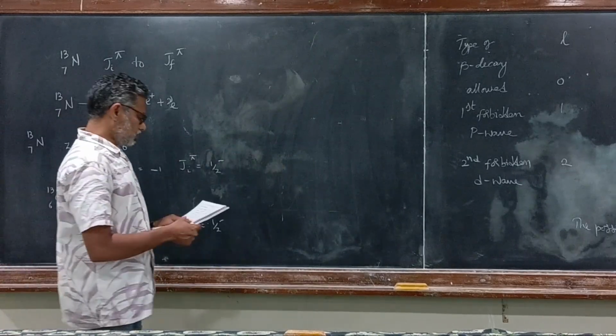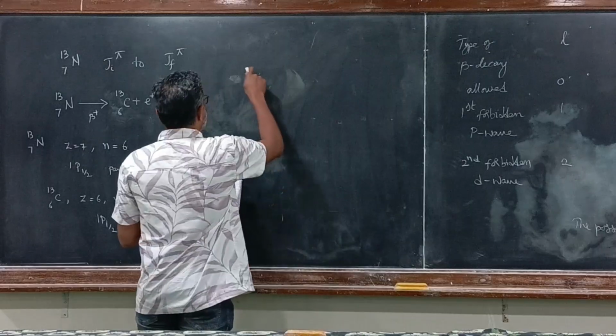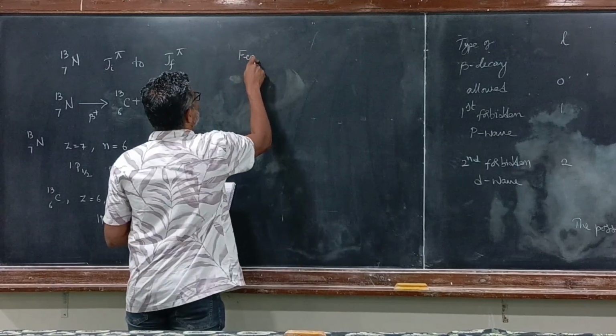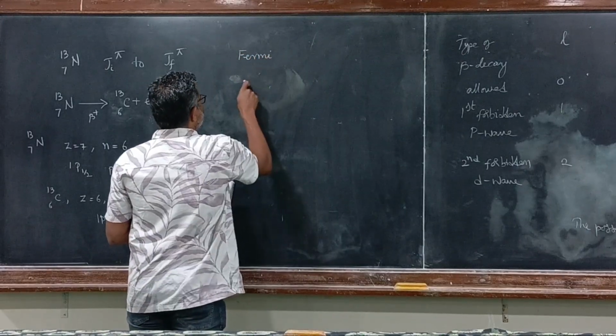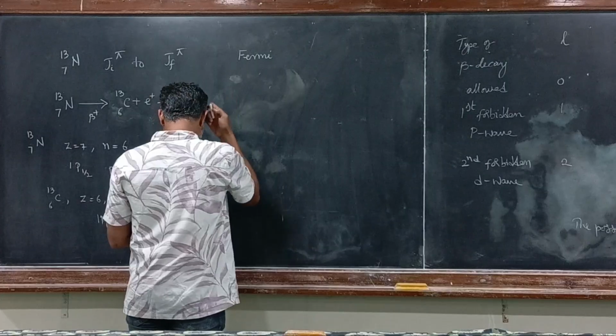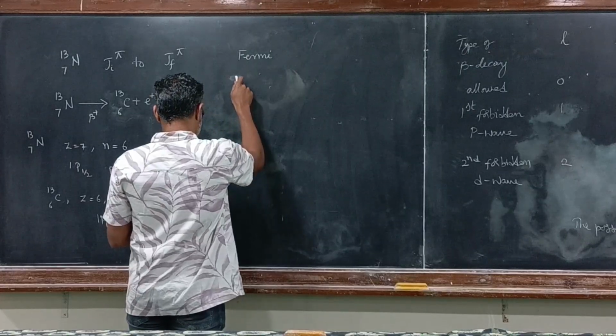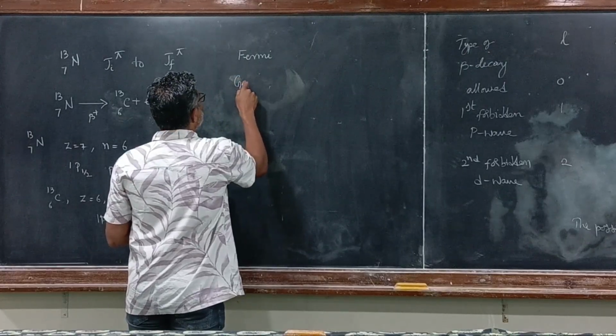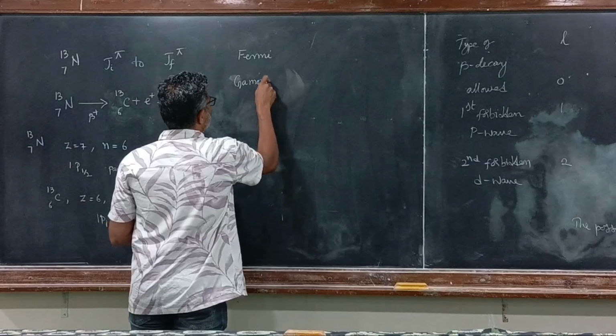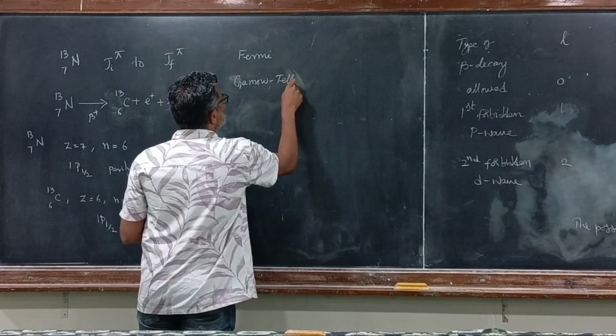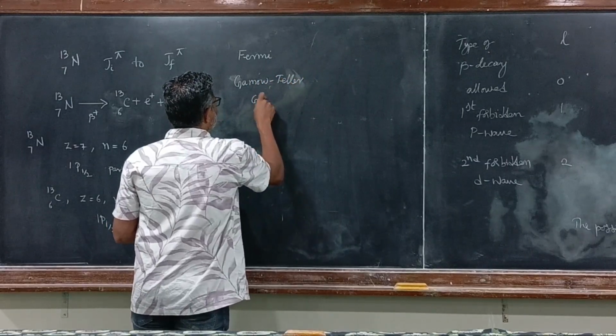And then there is some kind of Fermi transition, and then Gamow Teller.